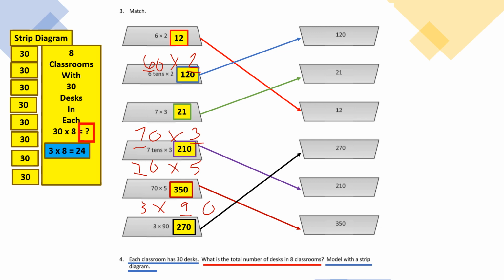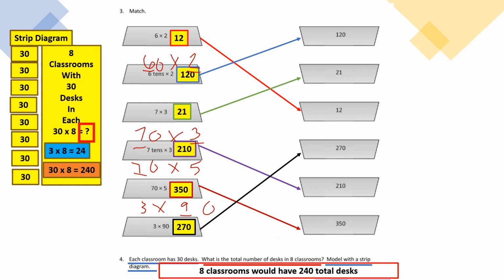We just place the 0 in the ones place, which means 30 times 8 is 240. All we did was put a 0 in the ones place. That's it. So when you write your answer out, 8 classrooms would have 240 desks total.